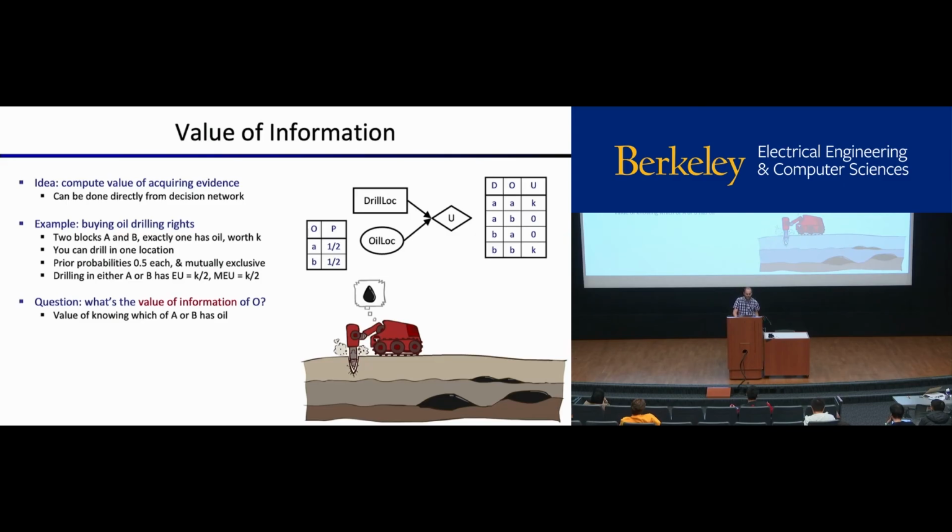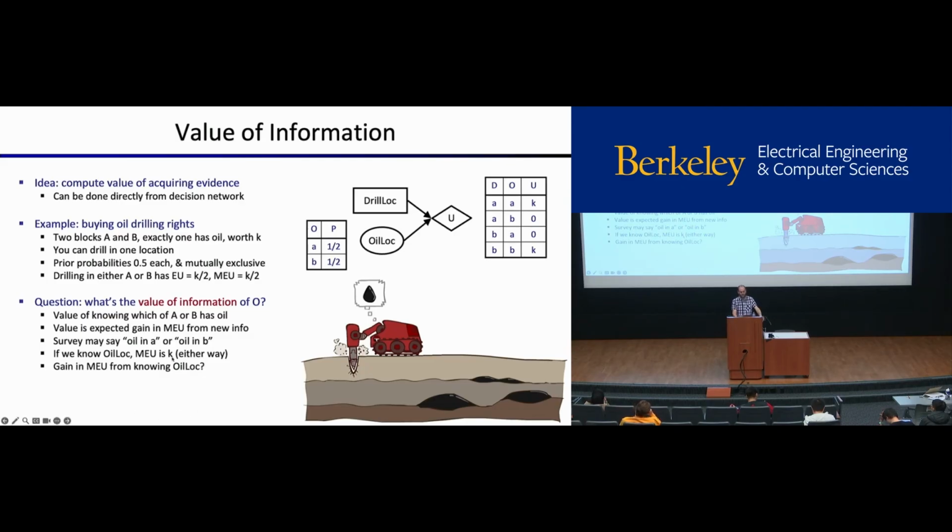So now the question is, what is the value of information of O? What's the value of knowing whether the oil is in A or in B? The value is the expected gain in maximum expected utility from the new information. So if you take a survey, the survey might say that there's oil in A, or it might say that there's oil in B. Either way, whichever you learn, now the maximum expected utility is K, because you can just drill in the place where you know there's oil, you're going to get K guaranteed.